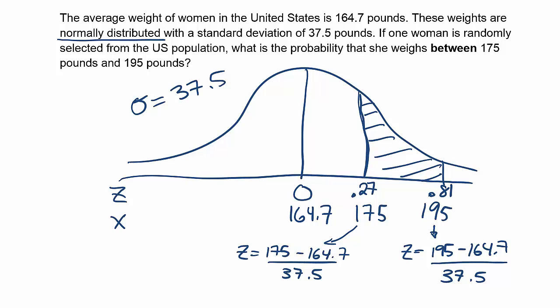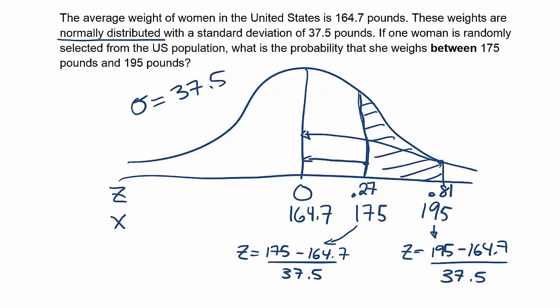All right, now, if I look up 0.27, I'll get the area from here to here, which is not the area I want, right? It's none of the area I want, in fact. If I look up the 0.81, I'm going to get this area from here to here, which is all of the shaded region, and that's the area I want, but it also gives me the part that I don't want. So the logic here again is to subtract these two answers from the z-table so that we end up with just the area we want.